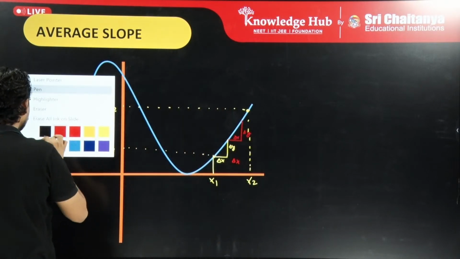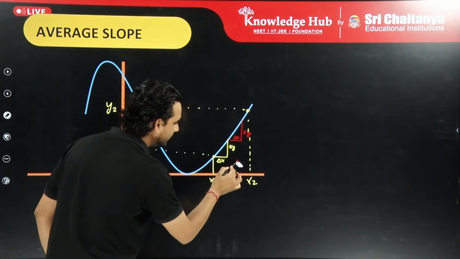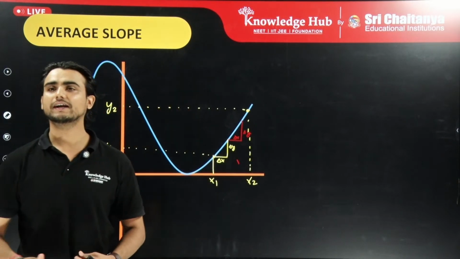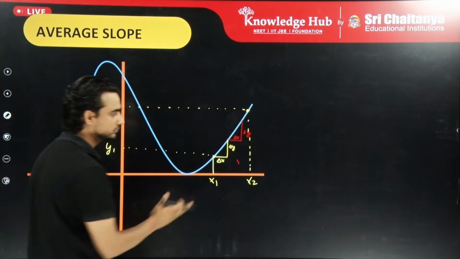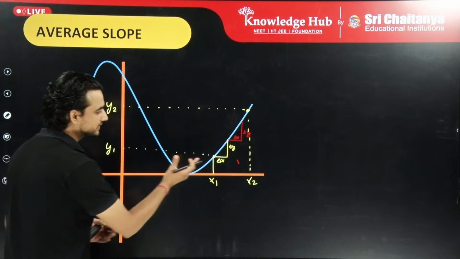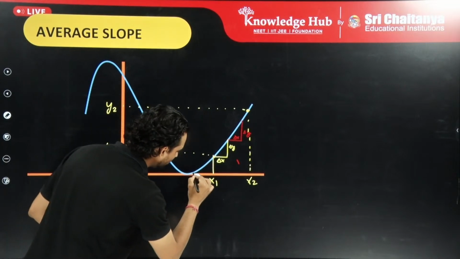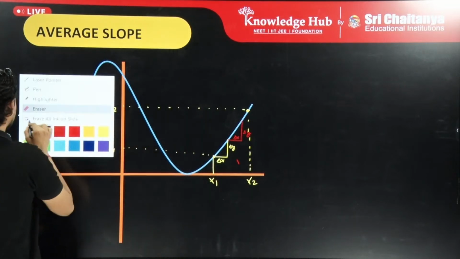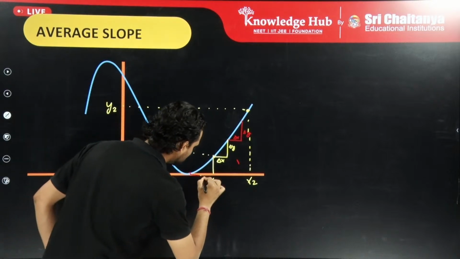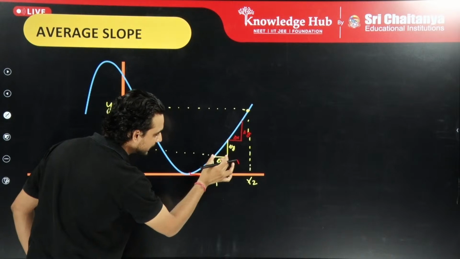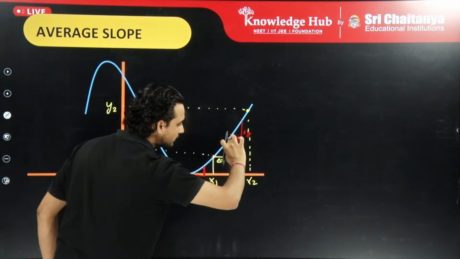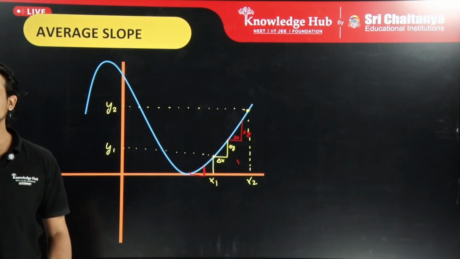Those of you who say that they will have the same change, you are incorrect. See, it is not a straight line now. If I move some delta x distance here, the change in y is very less, right? Corresponding to this, if I move the same delta x here, the change in delta y is more, right?